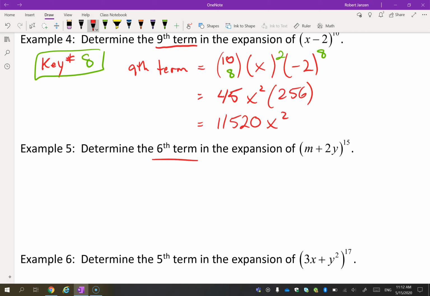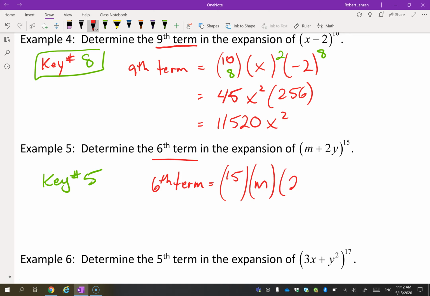Similarly, if I want the 6th term, what is the key number? Key number is 5. So if I want the 6th term, I'm going to do 15 choose something. I'm going to do m to the power of something. I'm going to do 2y to the power of something. Key number is 5.